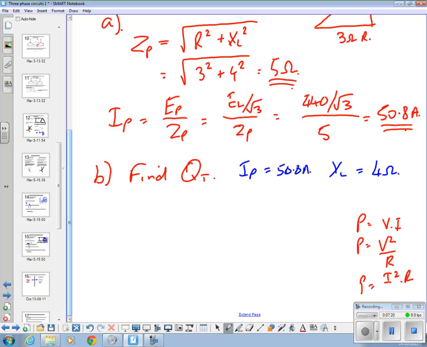So, can we not go Q phase is equal to I phase squared times XL, the impedance of the reactive component.